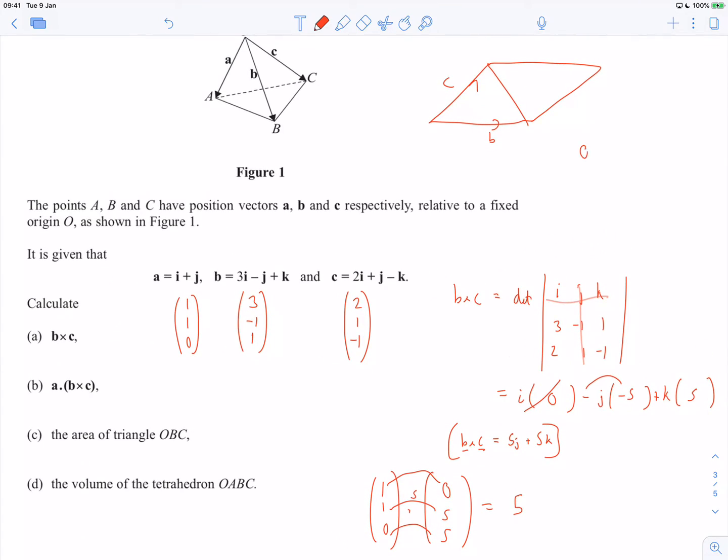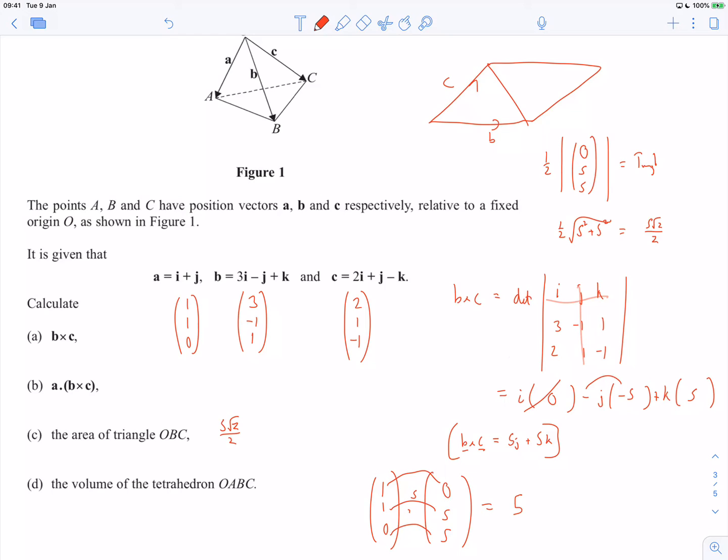So that gave me the vector 0, 5, 5. So the magnitude of this thing, and then halved, will give me the triangle. So I've got 5 squared plus 5 squared, square rooted and then halved. So that's 50, and 50 is 25 times 2, so it's going to be 5 root 2 all over 2. So the area of the triangle is just 5 root 2 over 2.